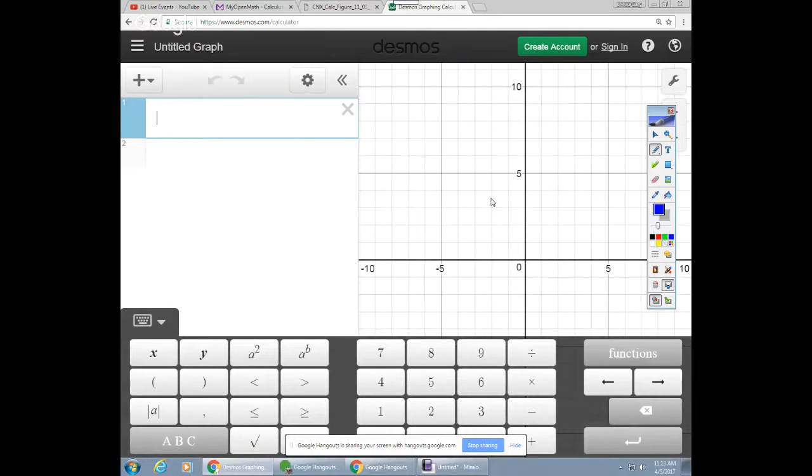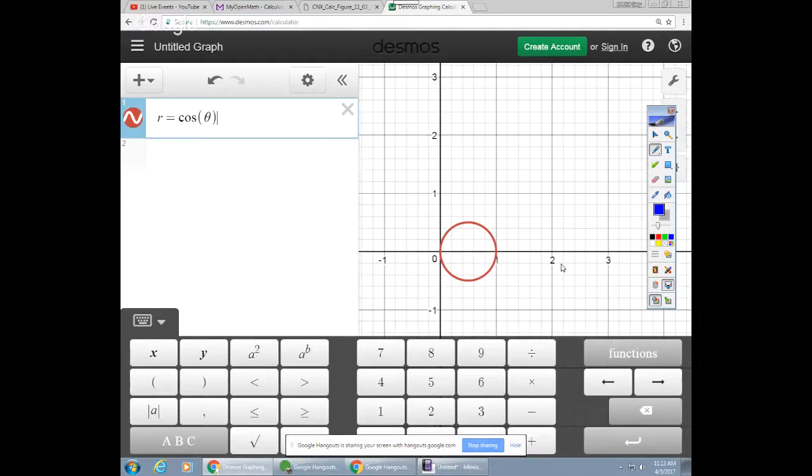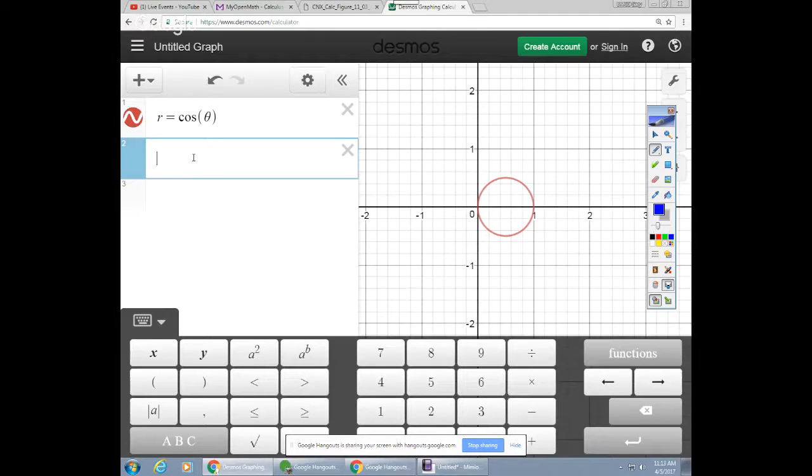All right, so for Desmos, if I just type something like r equals cosine theta, it automatically assumes I want polar coordinates, and it graphs that circle we looked at earlier. I can zoom in on it. What about r equals twice the cosine of theta?